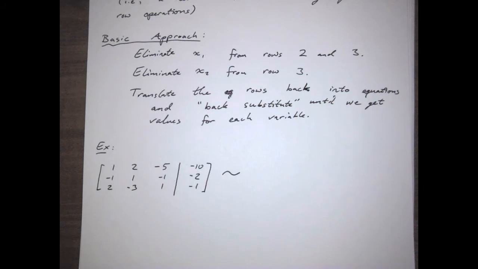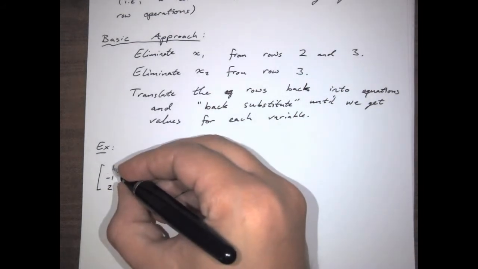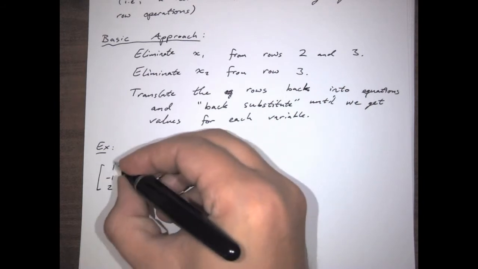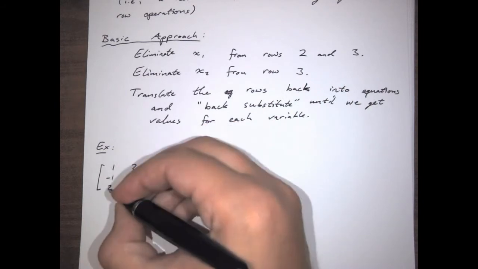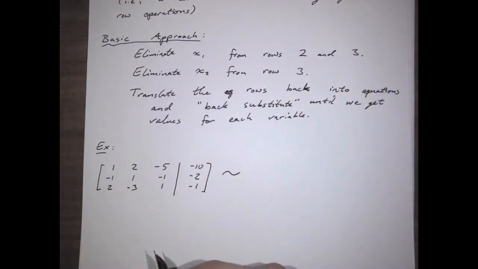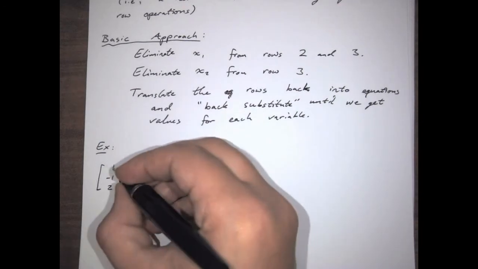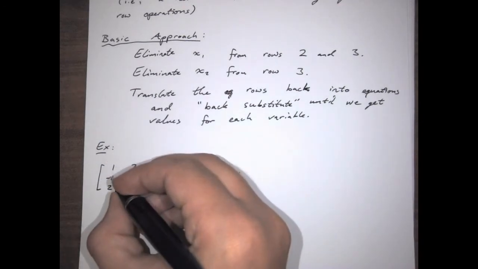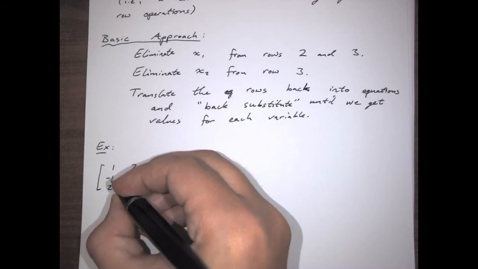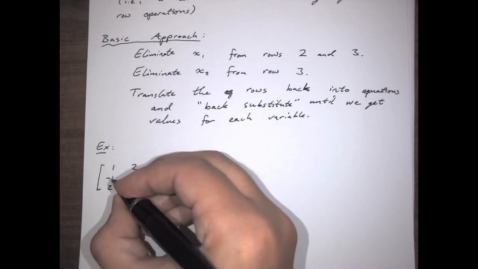And now let's think about our goal here. Our goal is to eliminate x1, so get zeros in this column except in the very top, and then after that we'll work on x2 and see where that gets us. But first off, we want to eliminate x1 from row 2, which means we want to figure out what we have to multiply row 1 by in order to add it to this and cancel that.